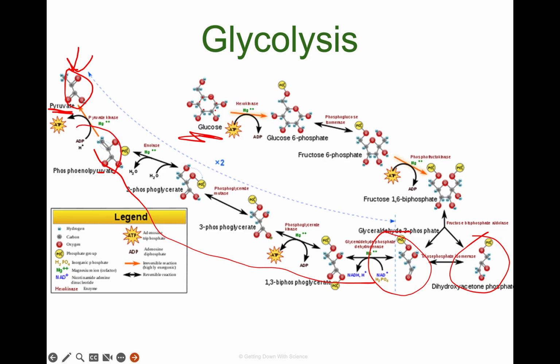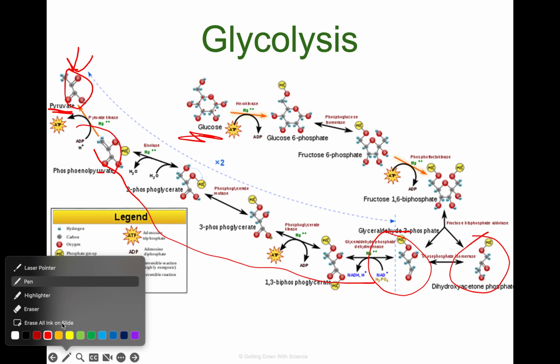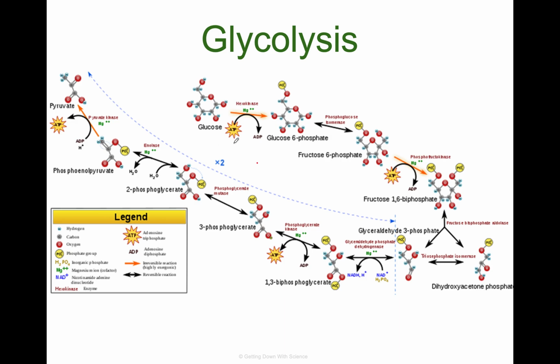Another thing to notice here, other than the 6 carbon to the 3 carbon, is that at each stage we need energy. In order to split a molecule, we need energy. So ATP is going to be converted to ADP in every single step.